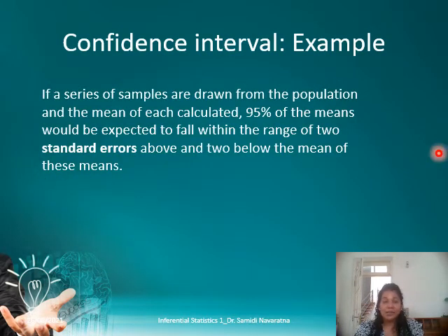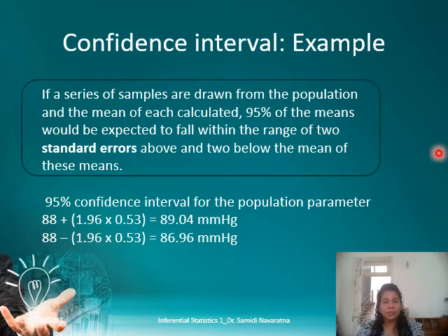If a series of such samples are drawn from the population and the mean of each calculated, then 95% of the means would be expected to fall within the range of 2 standard errors above and 2 below the mean of these means. So in that case, the 95% confidence interval for the population parameter is the mean plus or minus 1.96 times the standard error.